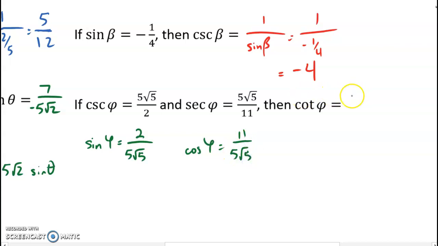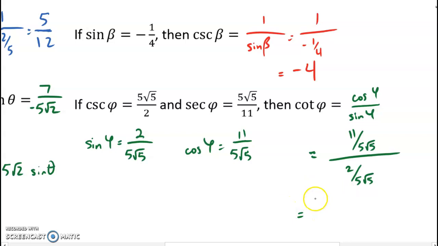And we know that the cotangent is the cosine of phi over the sine of phi. We know what both of those values are because we just found them over here. Cosine goes on the top, so that'll be 11 over 5 root 5, and sine of phi is 2 over 5 root 5.